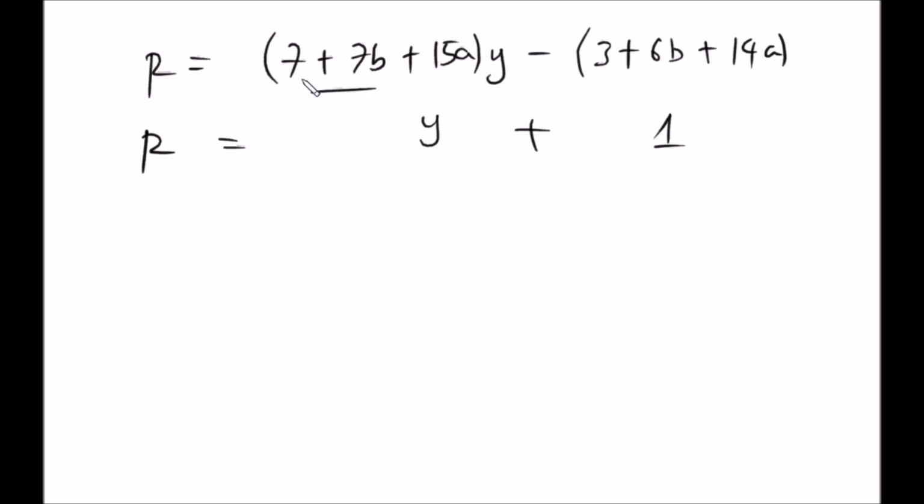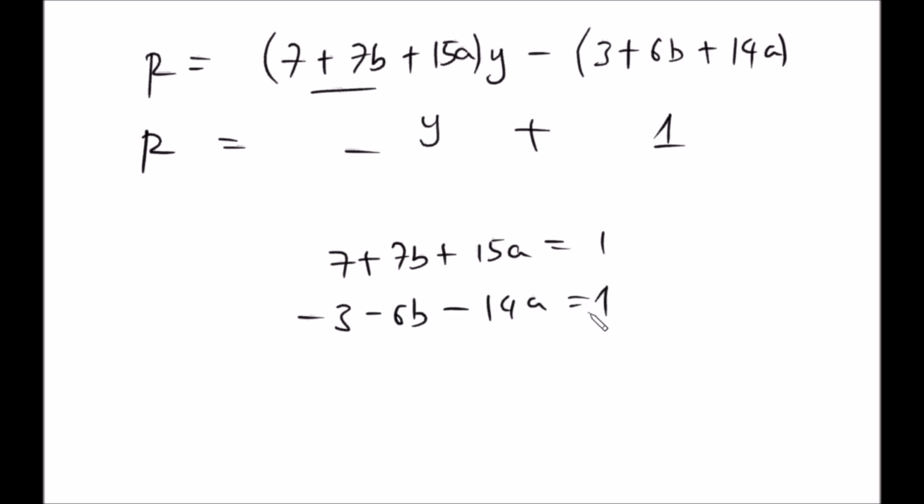Kwa hiyo hii huku juu inabidi iwe sawa na hii huku chini. So nafanisha coefficients. Hapa tuna huyu 7 plus 7b plus 15a. Hapa chini tuna 1. Huku tuna negative 3 minus 6b minus 14a. Huku chini tuna 1. So if I simplify this, tutapata juu 7b plus 15a is equal to 1 minus 7 negative 6.